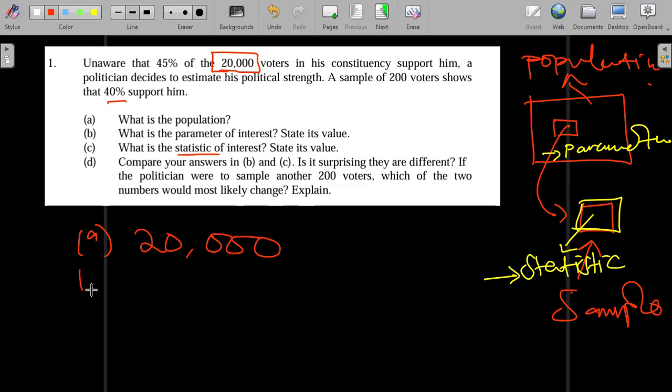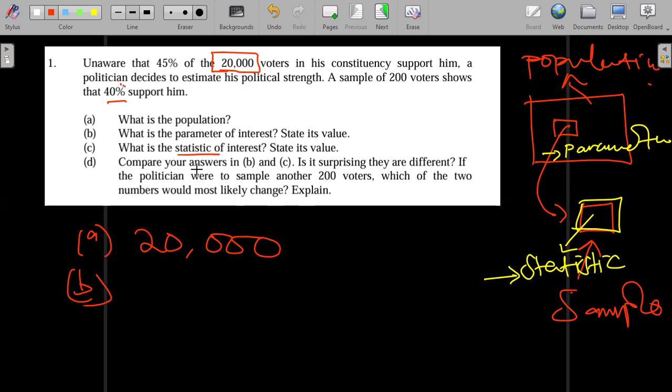So this question B, they're saying, what is the parameter of interest? I've told you the definition. The parameter is a numerical summary that describes something about the population. In this question, we are interested in the proportion of all the 20,000 voters who support this politician.